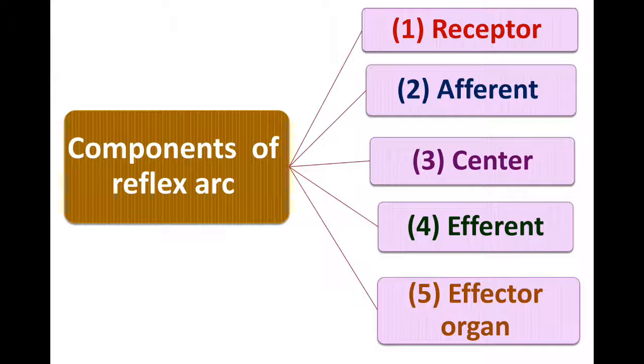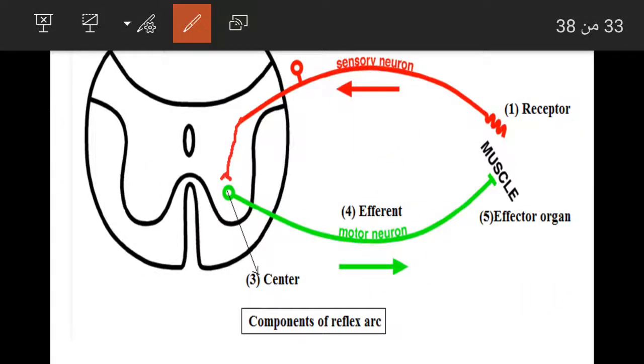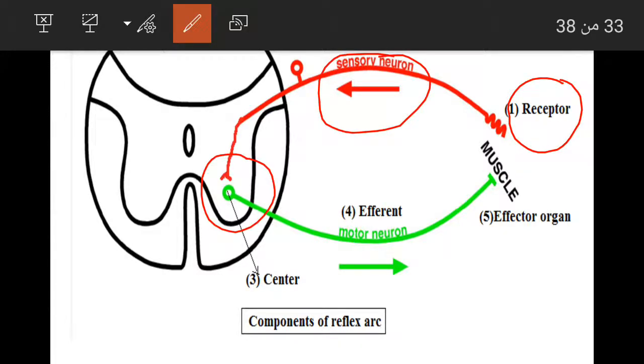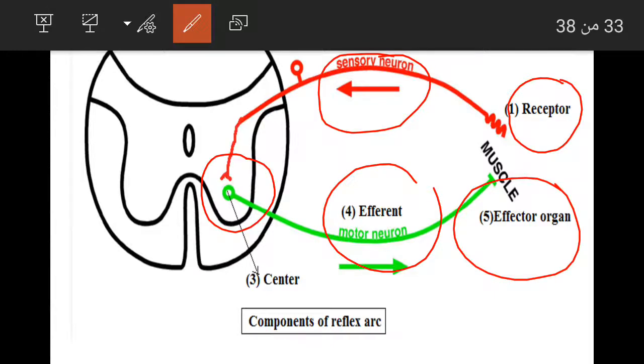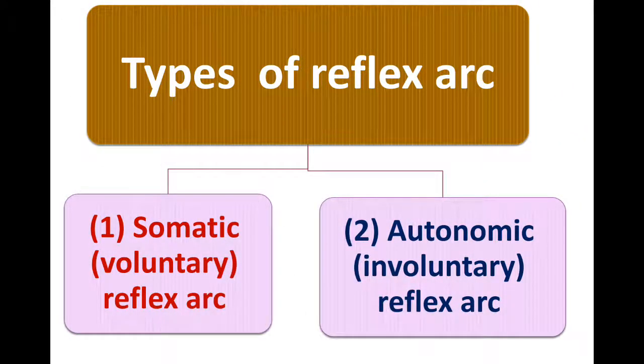Receptor, afferent, center, efferent and effector organ. These are 5 components. What are the types of reflex arc? There are only 2 types: either the somatic or voluntary reflex arc, or the involuntary or autonomic reflex arc.